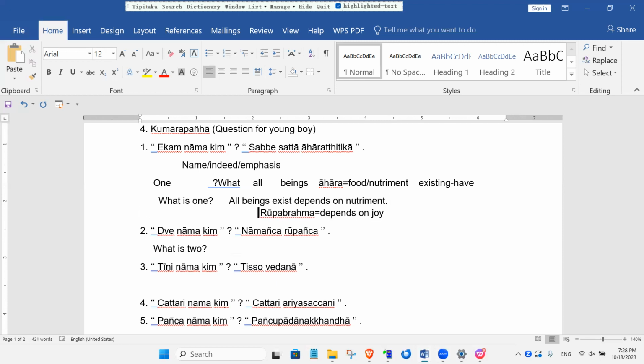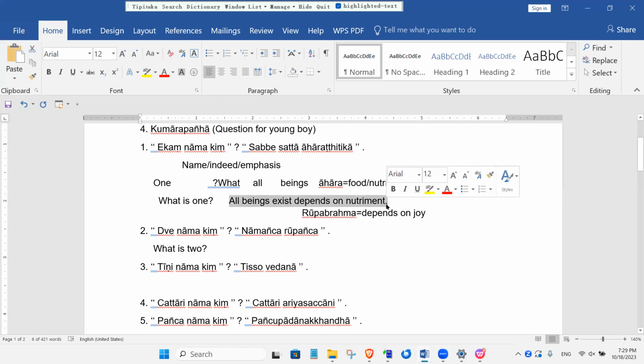Nutriment is better than food, because when you talk about food, people think we are eating something, but here it actually means nutriment. So what is one? This statement is very important, because all beings exist depending on nutriment. This is an indirect translation, but it's very easy to understand.